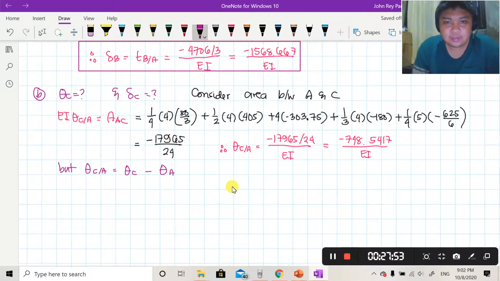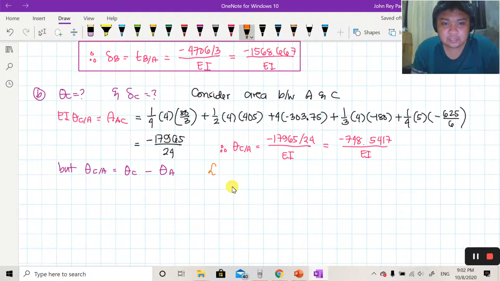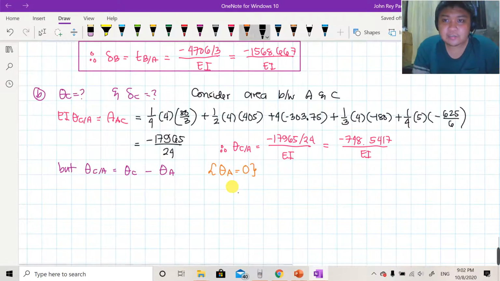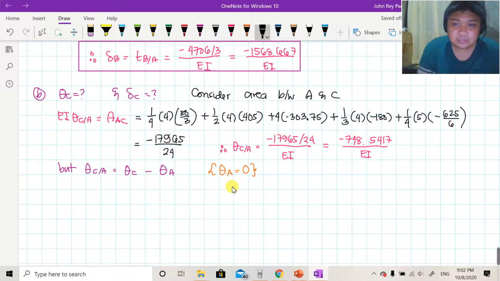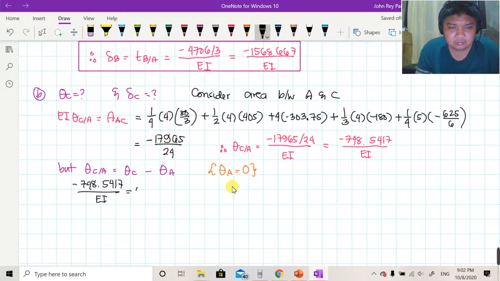So therefore, additional information din, yung theta ng A is always equal to 0 due to the fact na fixed support nga siya. So therefore, pwede natin ilagay na negative 748.5417 all over EI is equal to theta C minus 0.